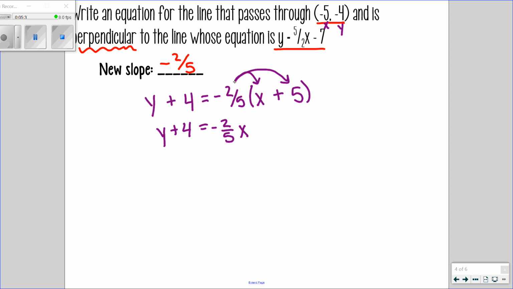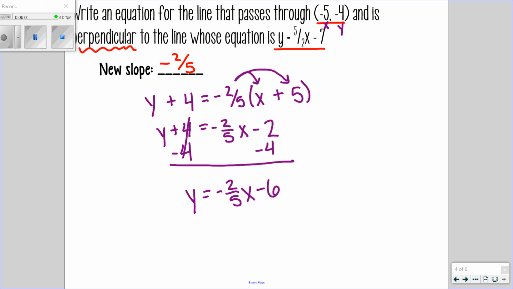And then when we distribute this negative 2/5 to your 5, you could use your calculator or the shortcut. So 5 divided by 5 is 1 times 2 is 2. So this one's going to be minus 2. And then we go ahead and subtract our 4 on both sides. So we end up with y is equal to negative 2/5 x and then minus 6.